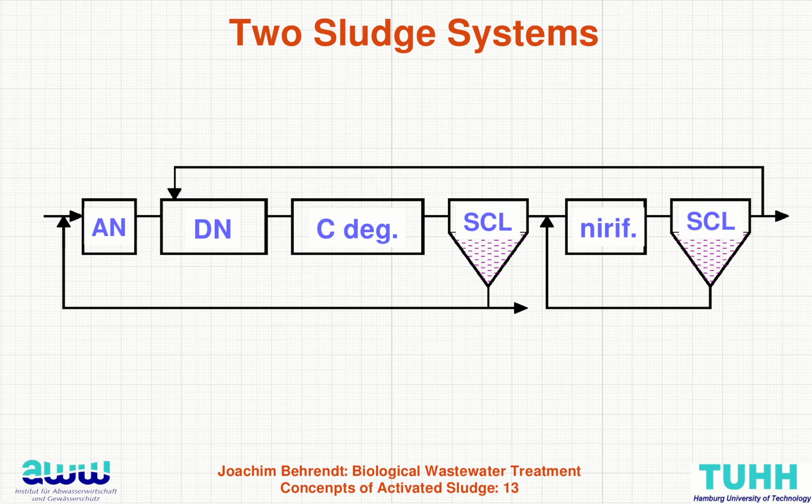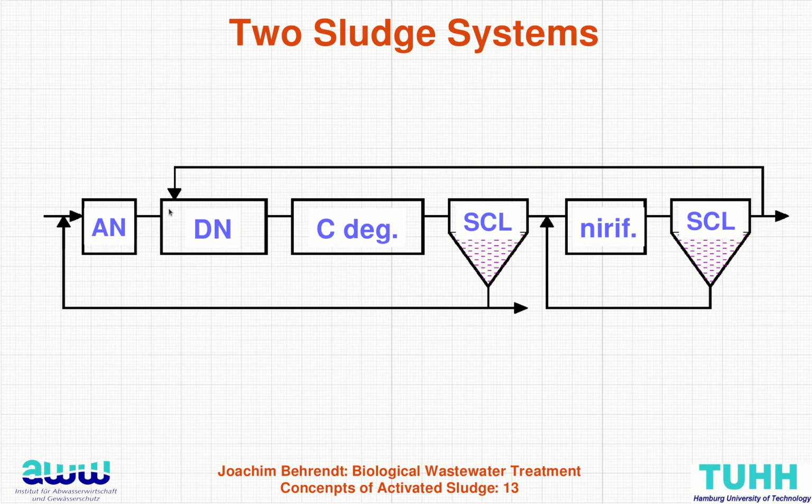So we have to remove sludge because if not, we have it in the effluent. If we separate these bacteria, we can achieve in the nitrifying basin a higher concentration of autotrophic microorganisms. And of course, we have to bring back the nitrate from the nitrification plant.